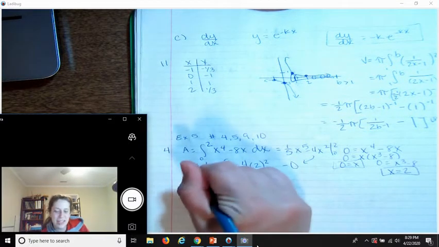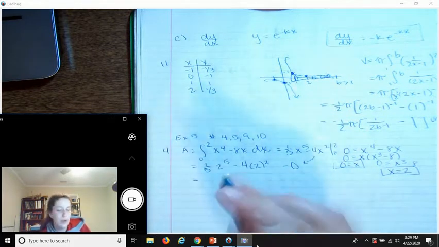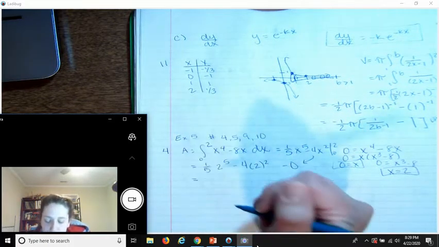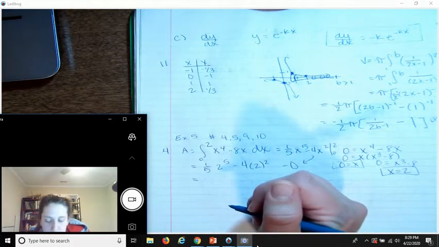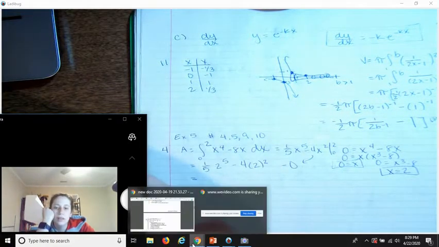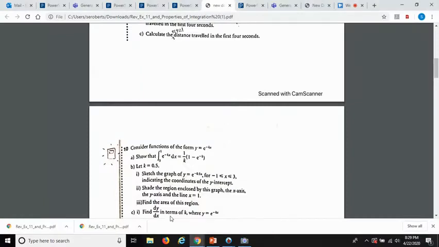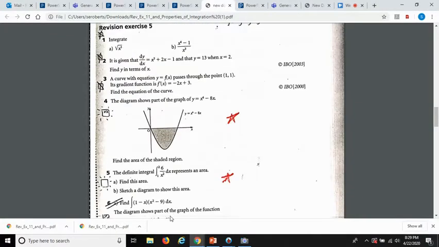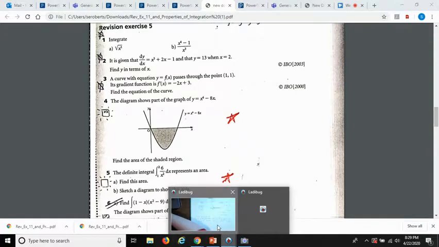And then you should end up, when you simplify all of this, with, did I really get a negative solution? Hold on. Let's go back. Oh, it's going to be so long. Oh, yeah, it should be negative because it's all underneath the x-axis.